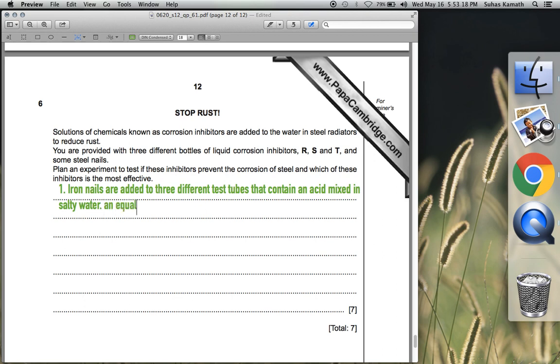Equal amount of the liquid corrosion inhibitors.